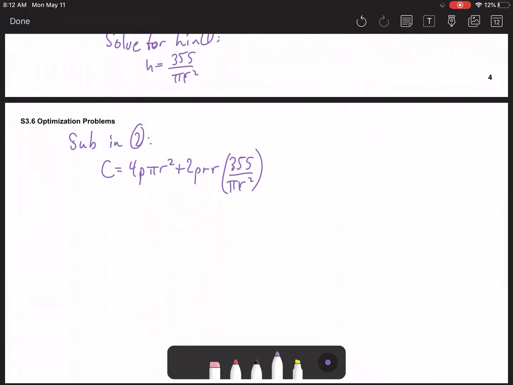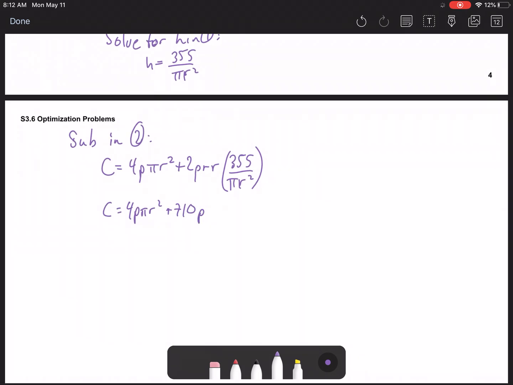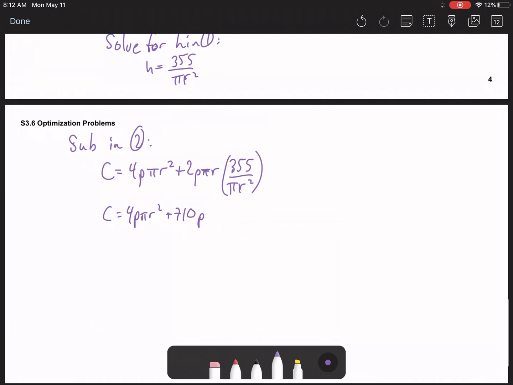Okay, I'm going to simplify first before I go any further. 2 times 355 is 710. P stays. Pi's cancel.